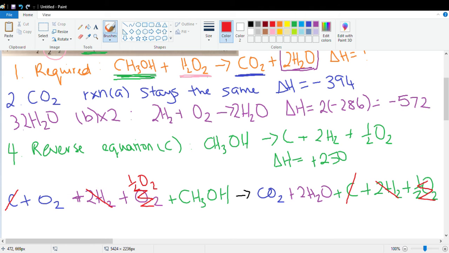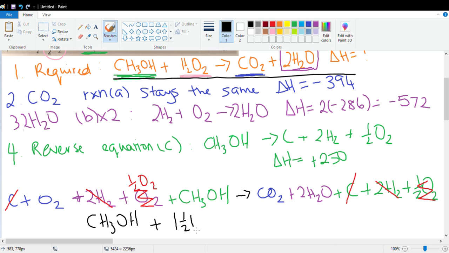And if we rewrite what's left now, that should give us our orange equation up here. So we have CH3OH plus 1.5 O2. What have we left on the right? We've got carbon dioxide plus 2 H2O. And if you compare that to the orange equation above, you'll see they're identical. So we've balanced those correctly.